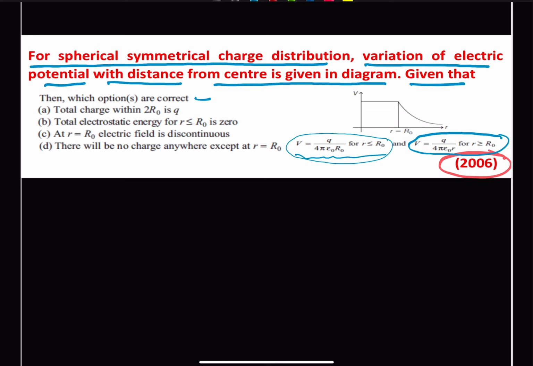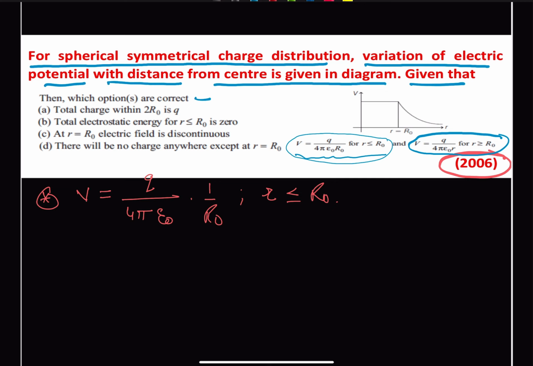So we are given 2 equations. So let me write. We are given that the potential V is equal to Q upon 4 pi epsilon naught, and this is 1 upon R naught, under the condition that the value of R is less than or equal to R naught.